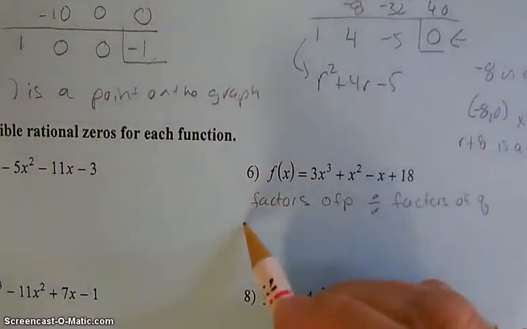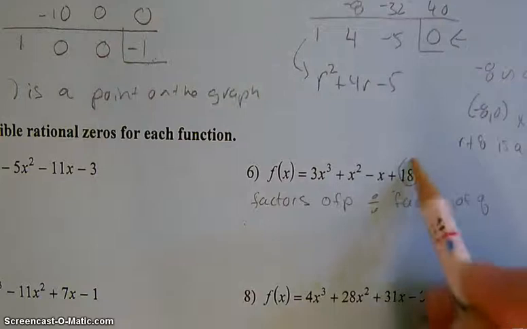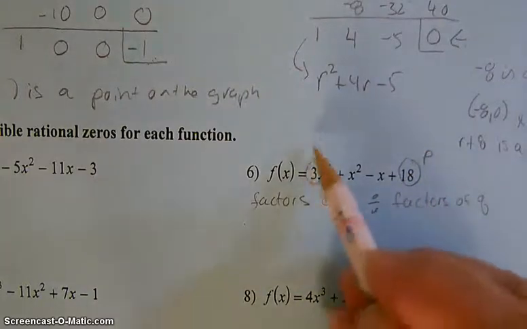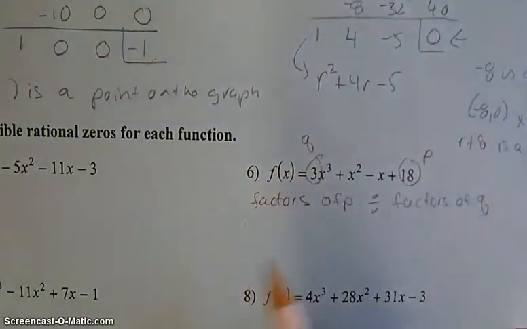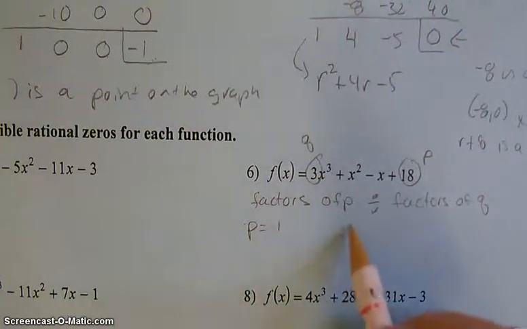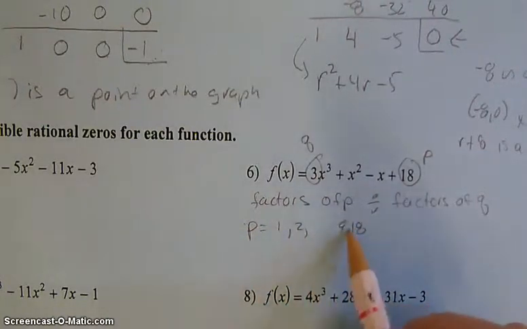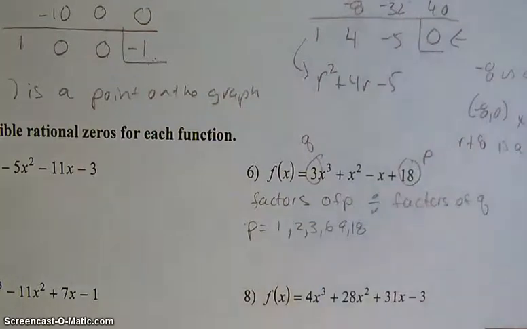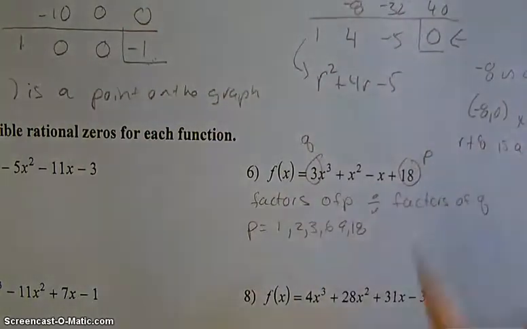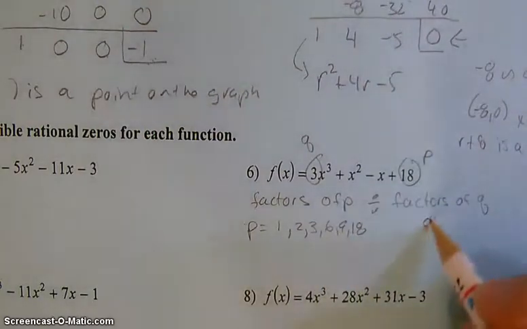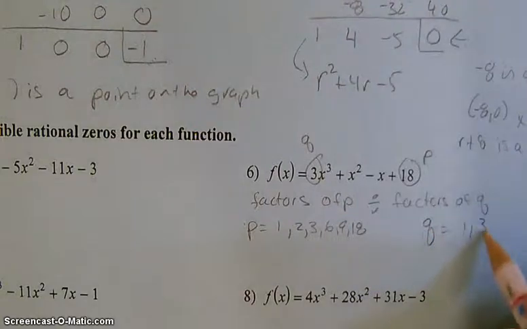So this is p, this is q. My factors of p, 18, are 1 and 18, 2 and 9, and 3 and 6. So I have a lot of factors of 18. My factors of q are 1 and 3.